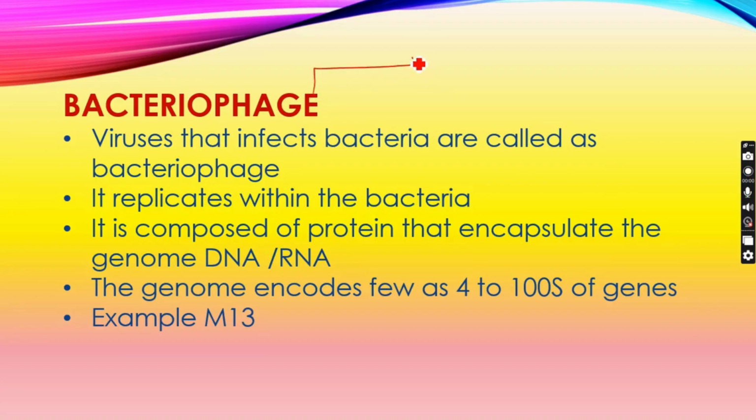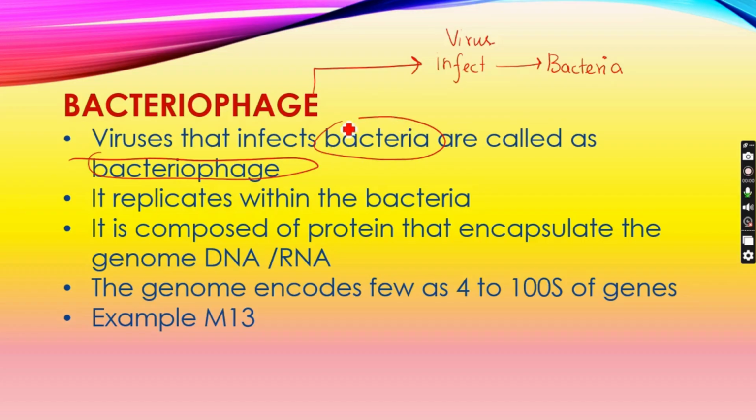Next, we are going to see about the bacteriophage. A bacteriophage is a virus that can infect bacteria. A virus that infects bacteria is known as a bacteriophage. It can undergo replication by either a lytic or non-lytic cycle.